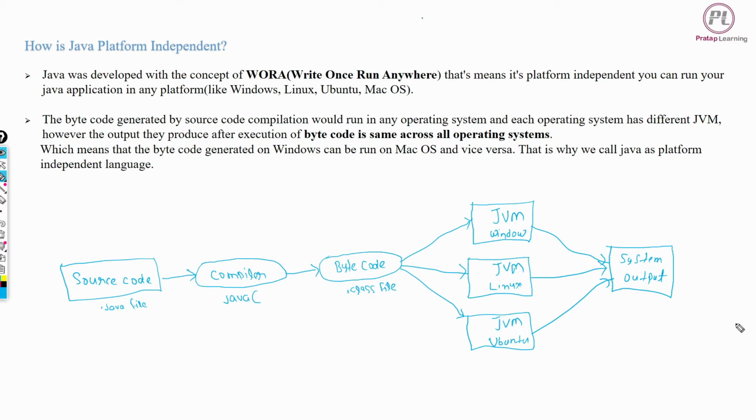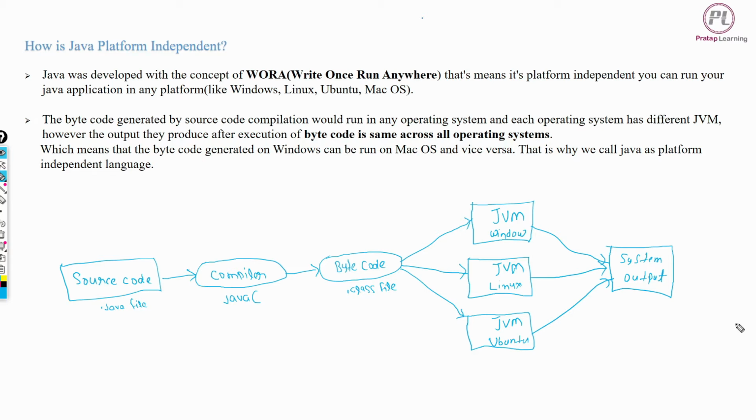And if we are planning to run a Java application in different operating systems, then we don't need to change our development code. So I think now everything is clear about platform independence, and if anything is not understandable, you can ask in the comment box.